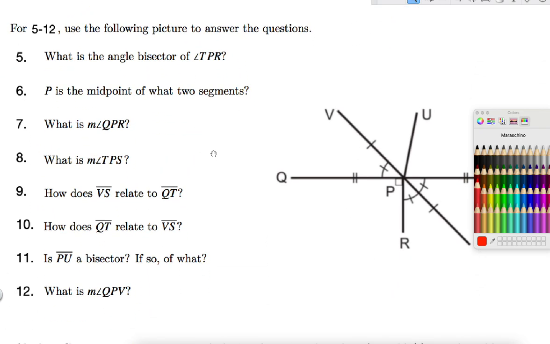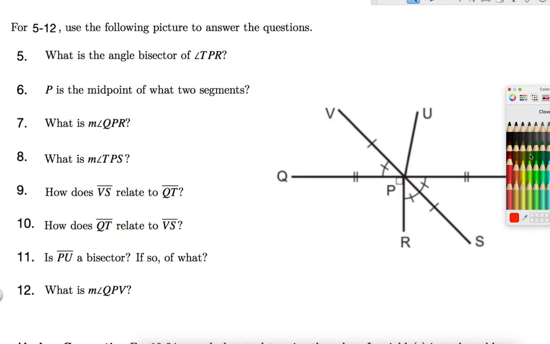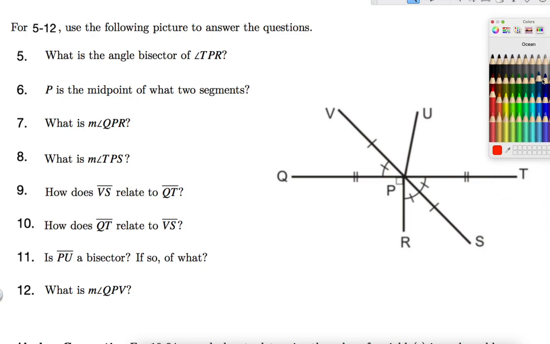Next set, we have this figure right over here, with all kinds of congruent symbols all over it. So what is the angle bisector of angle TPR? TPR, so what bisects TPR? Well, it's this segment right here with these 3 points, collinear V, P, and S. So we could say any one of those points.